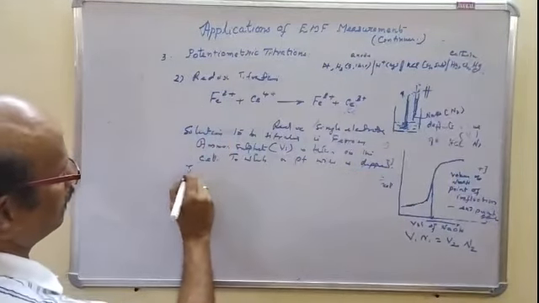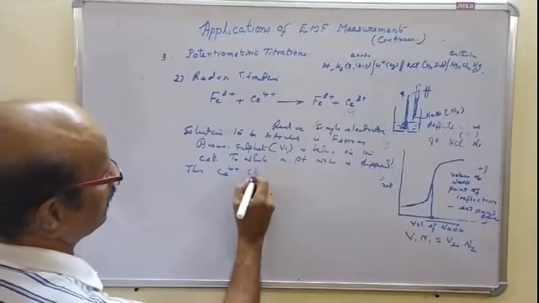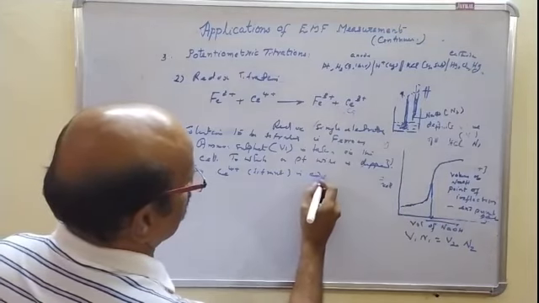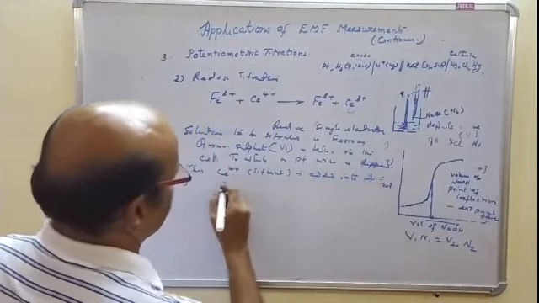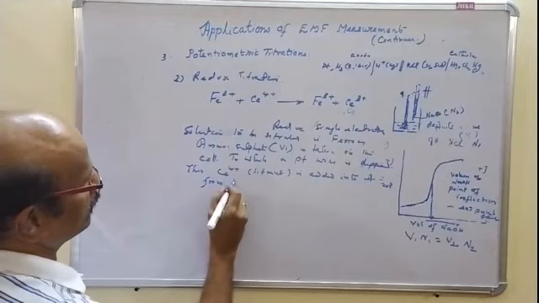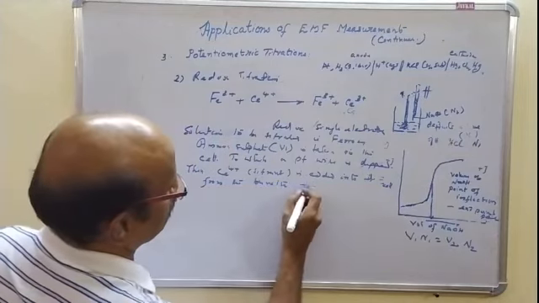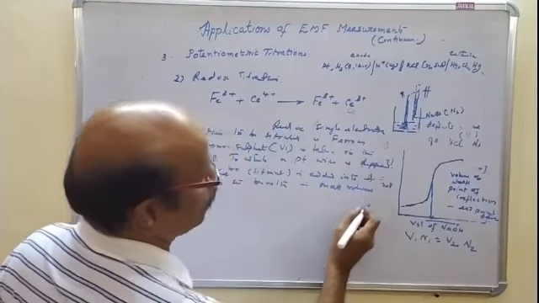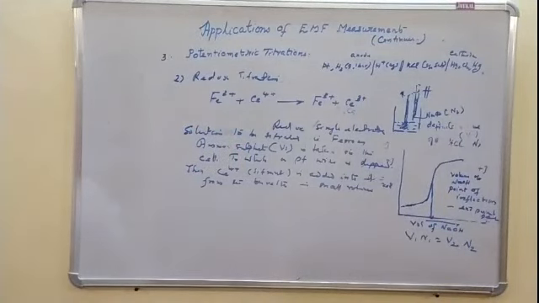Then ceric ammonium sulfate, Ce4+, the titrant, is added from the burette in small volumes, usually 0.1, 0.2, 0.3 mL, and the change in the EMF is noted.